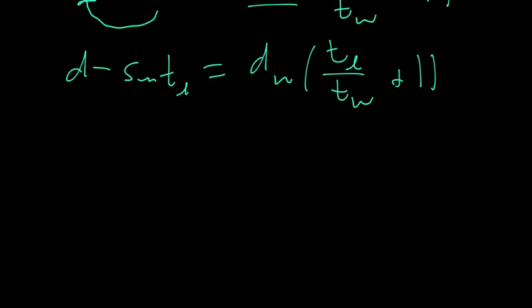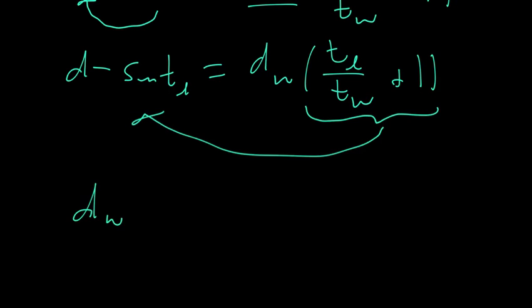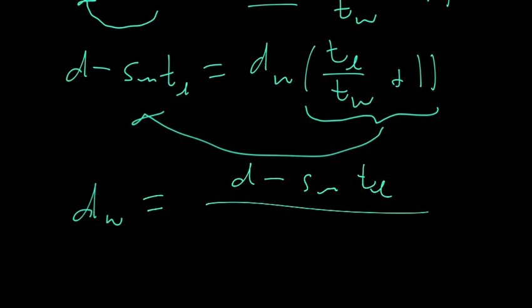And now finally, to solve for d_W, I'm going to take this term and divide it so we get it over here. So then what we'll have is d_W equals D minus S_m times T_L all over T_L over T_W plus 1.